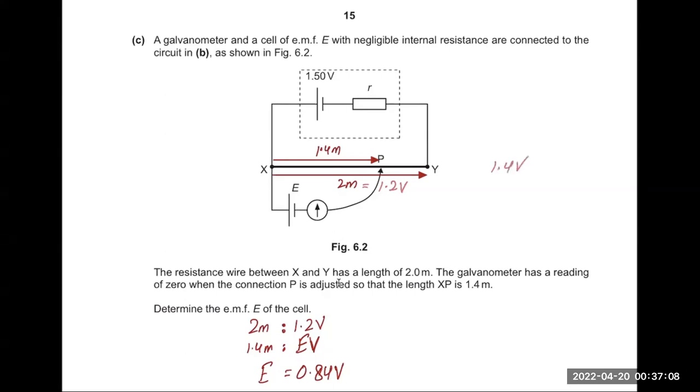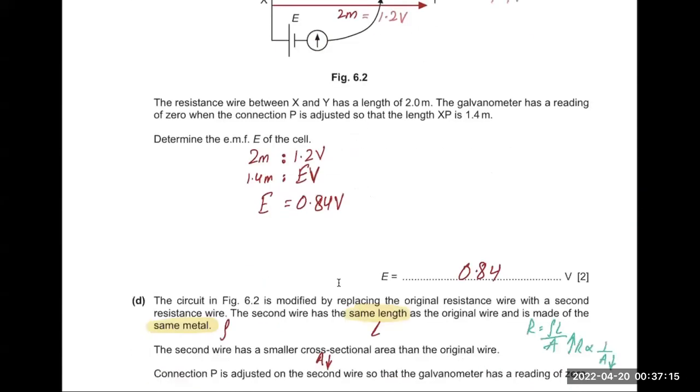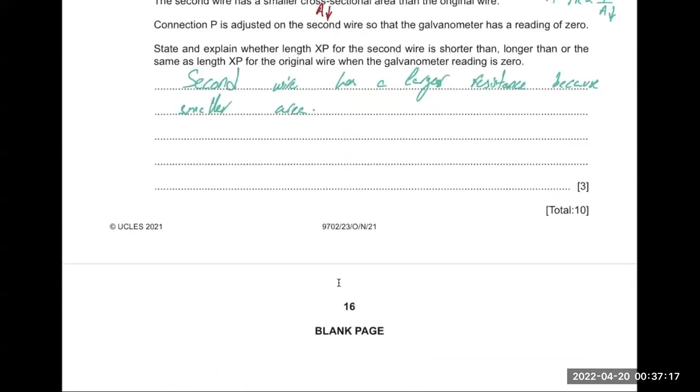It will be greater. Why? Because the resistance is greater. So by ratio, it would have experienced a greater potential drop. The potential difference across the second wire is greater.